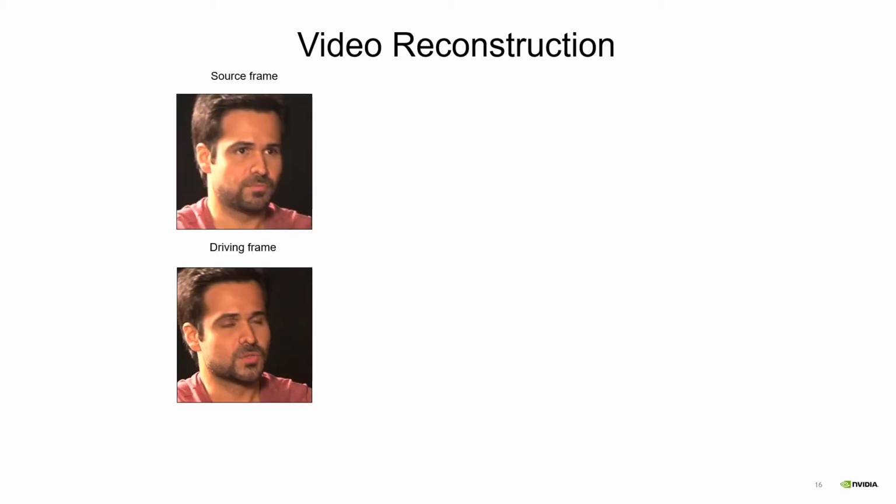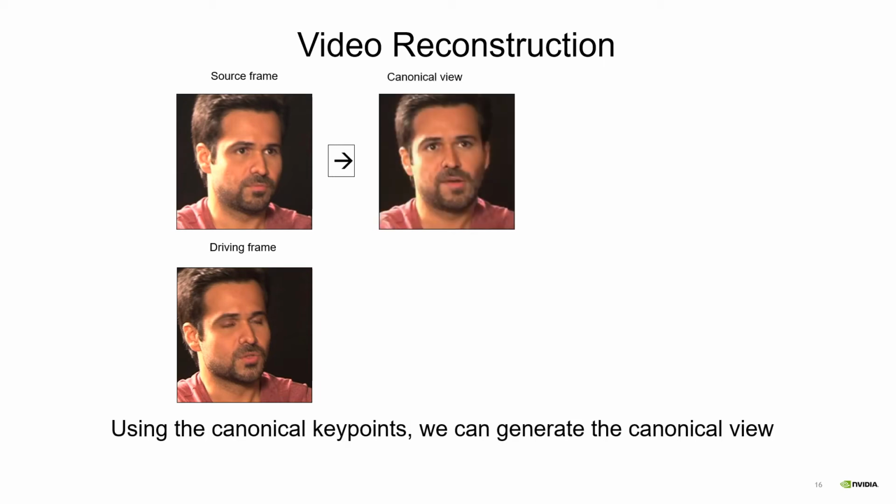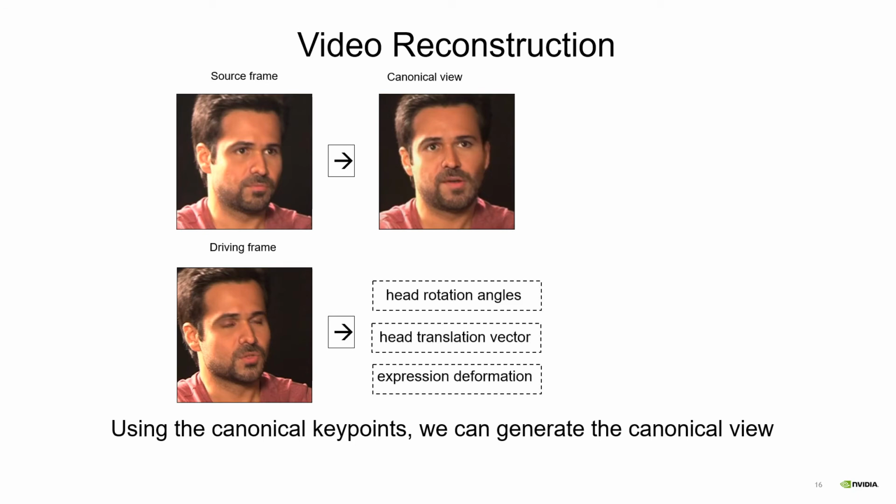Now let's visualize the steps of this key point decomposition and the reconstruction. For the source frame, we extract the canonical key points, which represent the canonical view of the subject. For the driving image, we extract head rotation angle, head translation vector, and expression deformation.